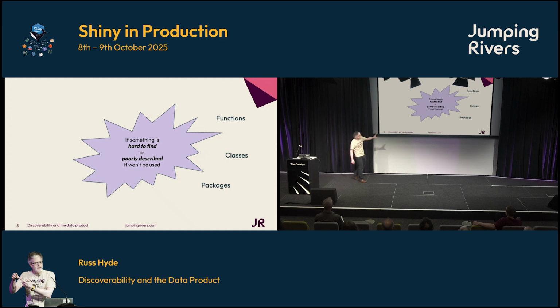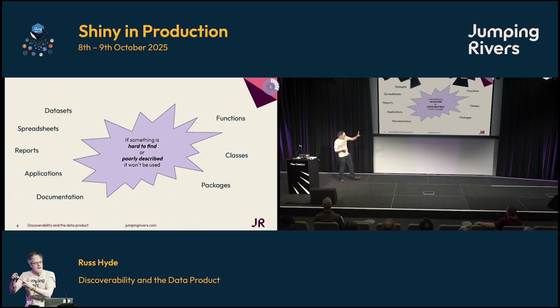In software development, something crops up in a similar way. If you've got a package that you've written or some functions, and people can't find it, or it's poorly described, they won't use it, and they'll end up implementing something themselves. And that counts exactly the same for data sets and spreadsheets and reports and applications.